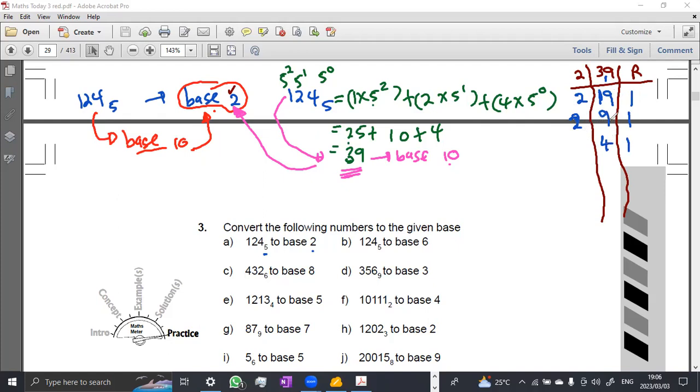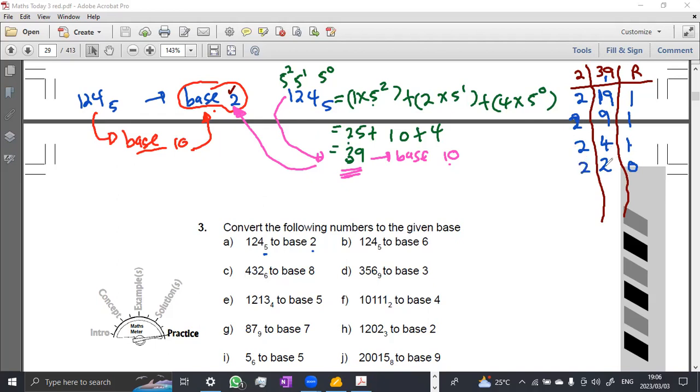Take note, 9 divided by 2 is 4, remainder 1. Then we divide by 2 again: 4 divided by 2 is 2, with a remainder of 0.